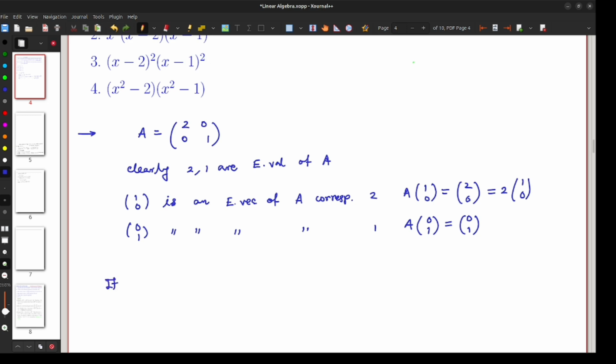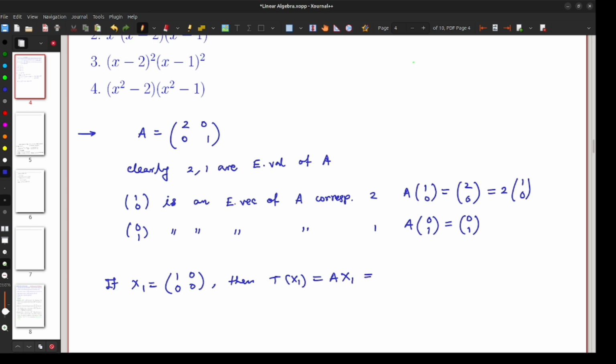So if we take x1 to be the matrix whose first column is an eigenvector of A corresponding to the eigenvalue 2, namely the vector 1 0, and the other column is the 0 vector, then T of x1 is by definition A x1.